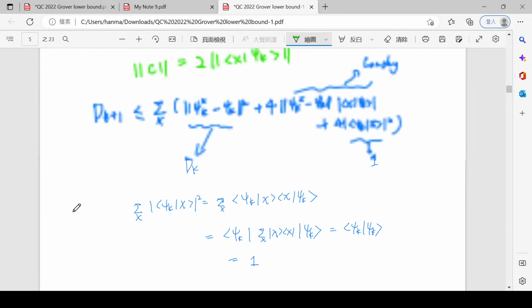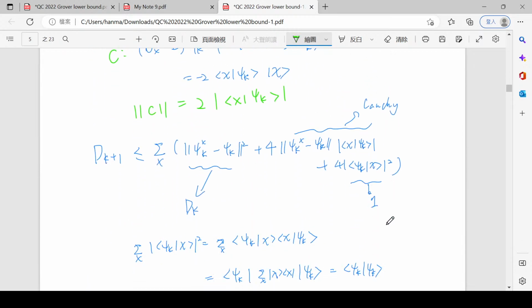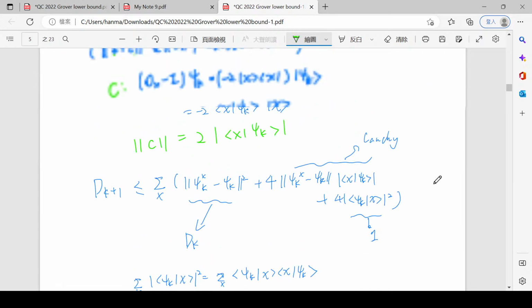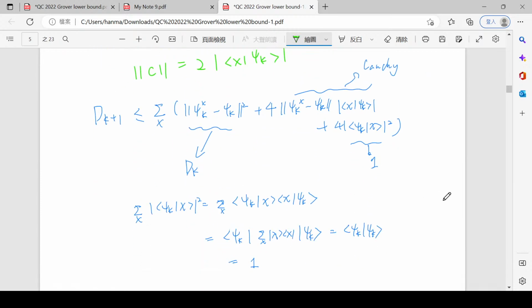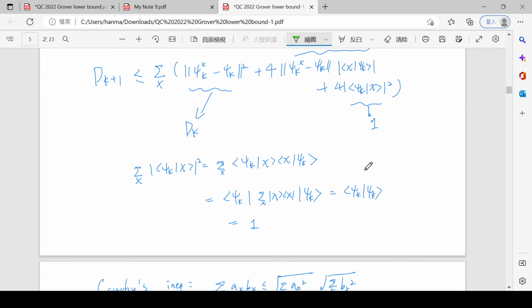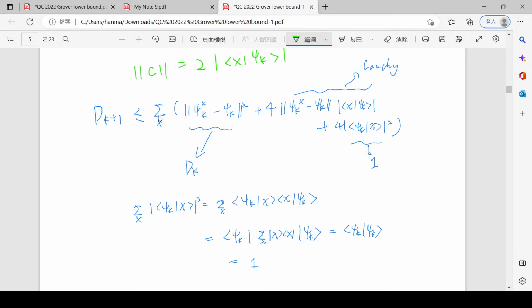One minute, then we see the real cool part. In one minute we can finish this page. Here we start to consider how everything sums over x. For the last term, the sum over x is actually very simple. Sum over x of all the amplitudes of psi k on x is just the norm of psi k.